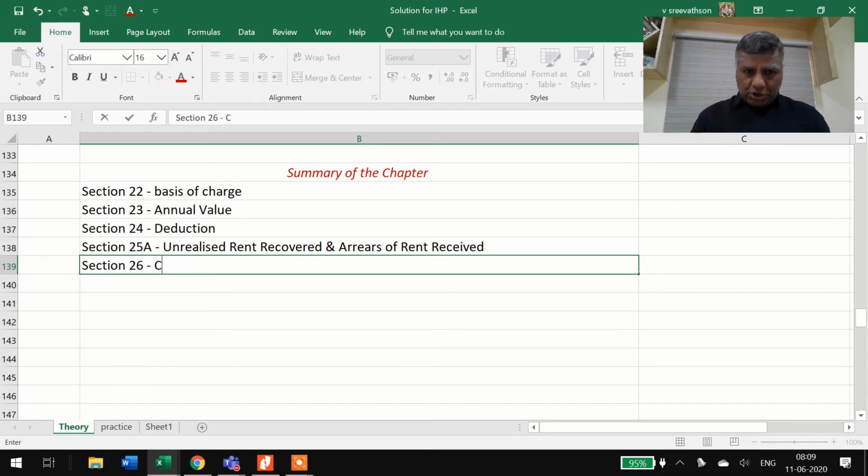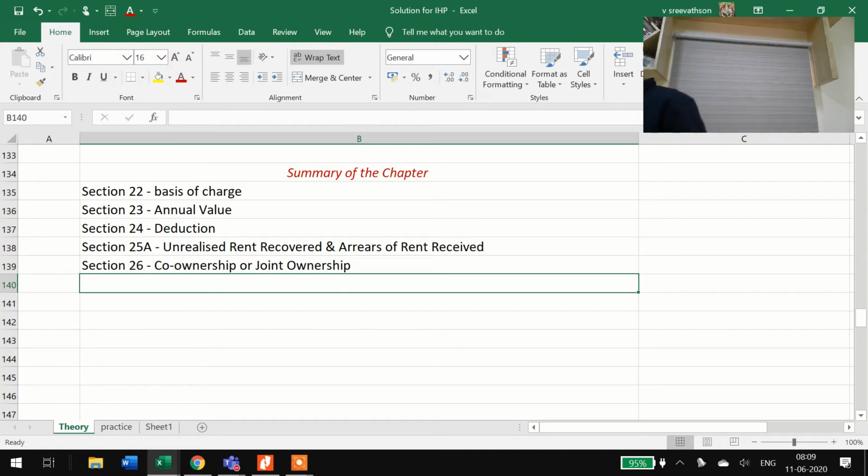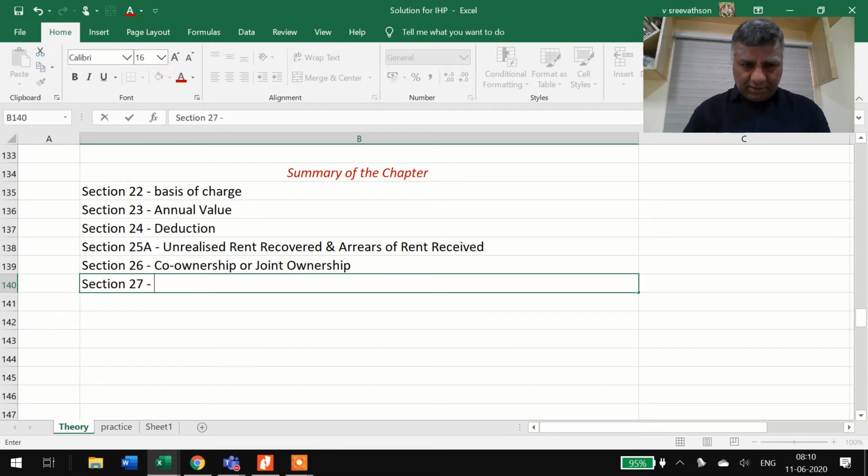Section 26, co-ownership, which is also known as joint ownership.